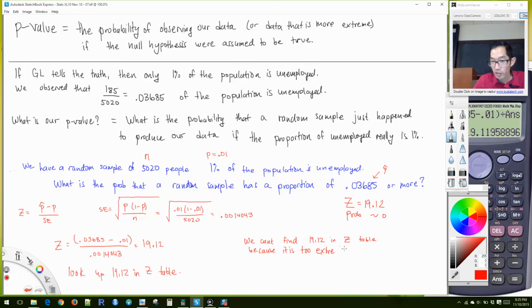It is, as we might say, literally off the charts. That's where the expression comes from, right? If we try to look it up on the chart, it's so extreme that it's off the charts. So the probability of this happening by random chance is 0.